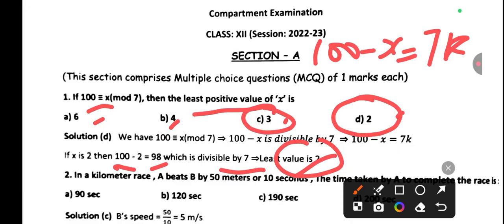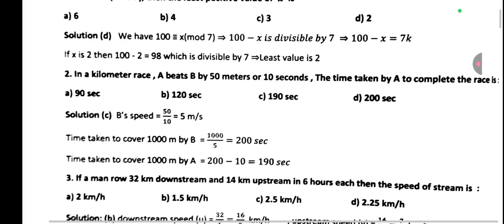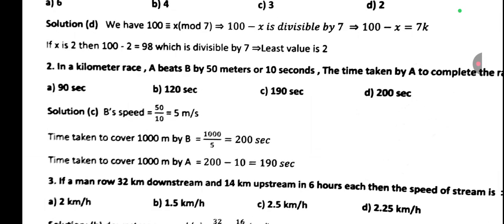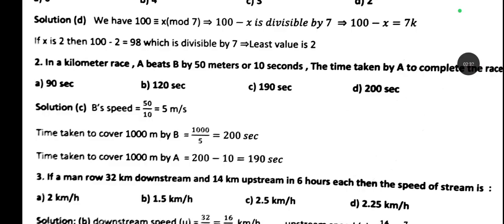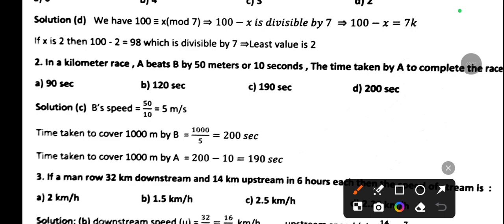If 2 doesn't satisfy, check 3, check 4, even 6, the greatest number here, could be the least positive value divisible by 7. So don't decide blindly from the options; check and decide. Hope you understood. We didn't teach you in the way of just picking the lowest number. The same question was asked in last year's board exam.